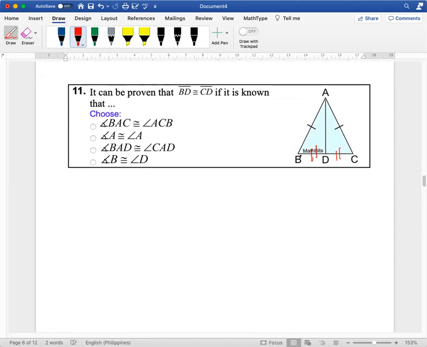For us to show that BD and DC are congruent, we need to show first that these two triangles, triangle BAD, is congruent to triangle CAD. But how do we show that triangle BAD and triangle CAD are congruent? Let's use the given.